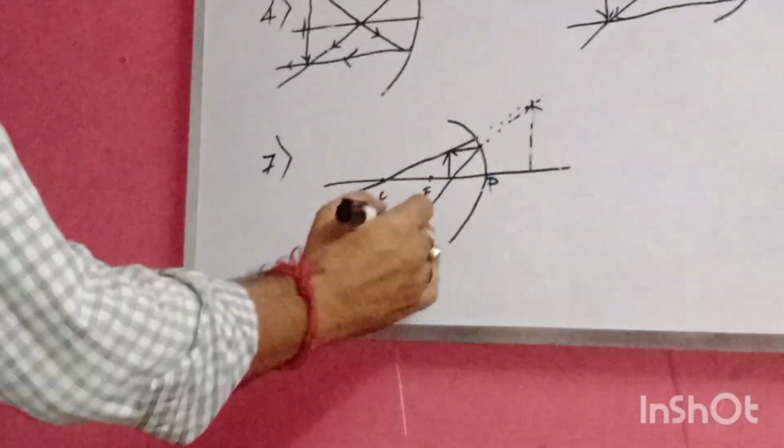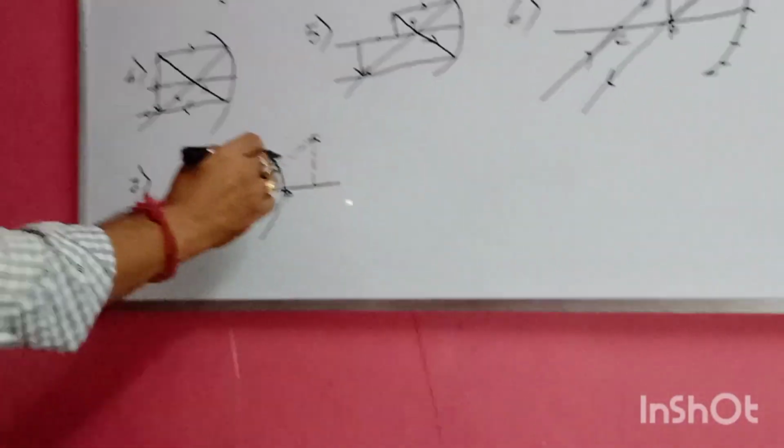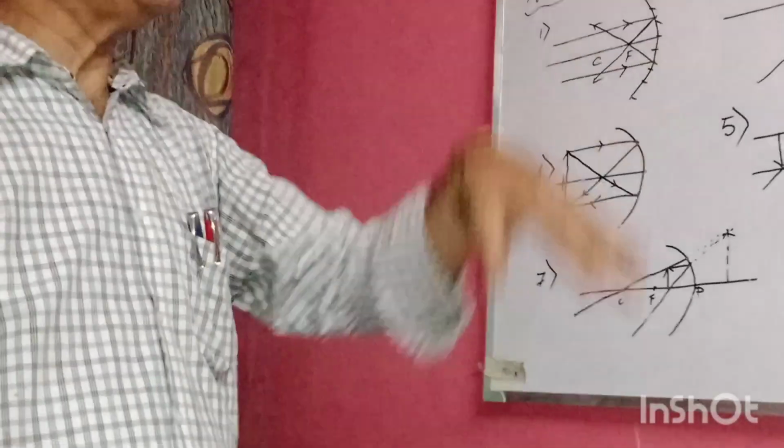After reflection, it will move in this way, and if we send a ray of light through the center of curvature, it will create an erect and virtual image in this way. All these ray diagrams, you should practice.